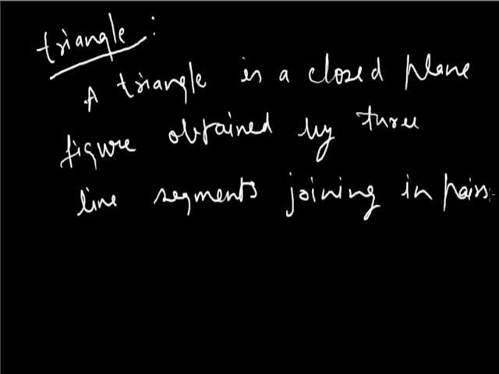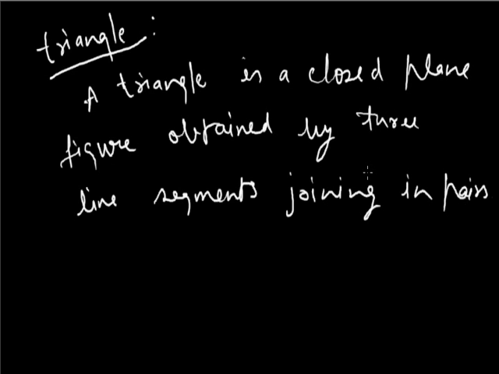In pairs means out of those three line segments we have to take two at a time, intersect them, which gives us a vertex. Similarly repeating this process three times, because out of three line segments we can choose two at a time in three ways.